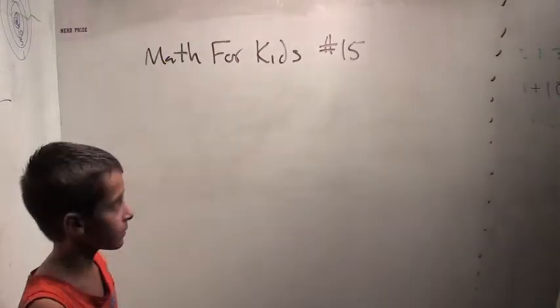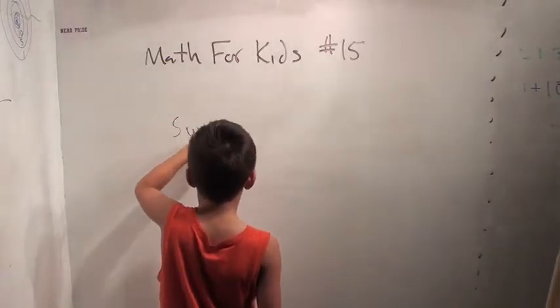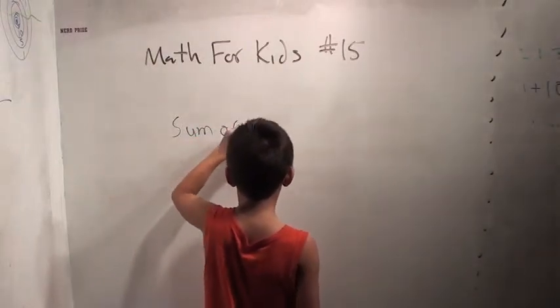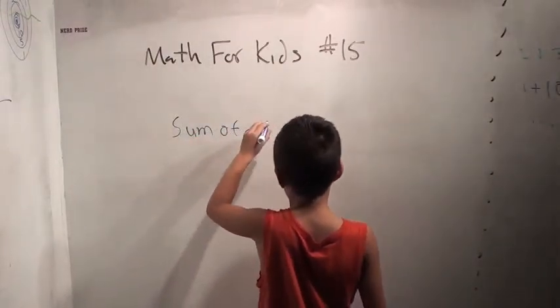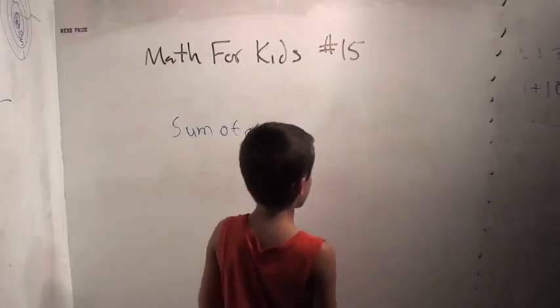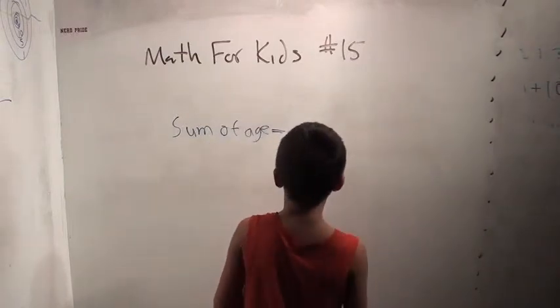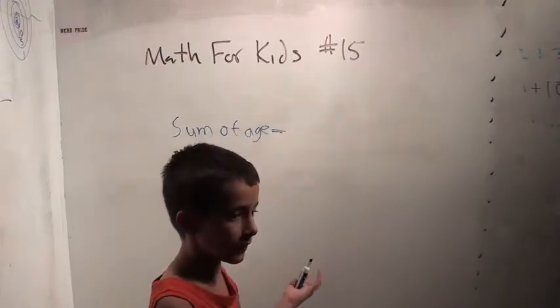Why don't you write that down? The sum of ages has to equal 50, because 50 divided by 5 is 10.